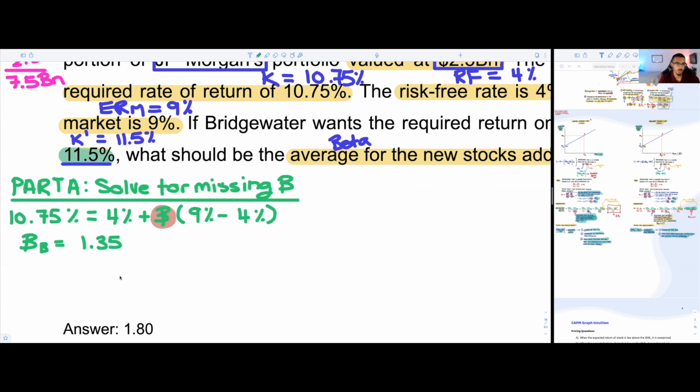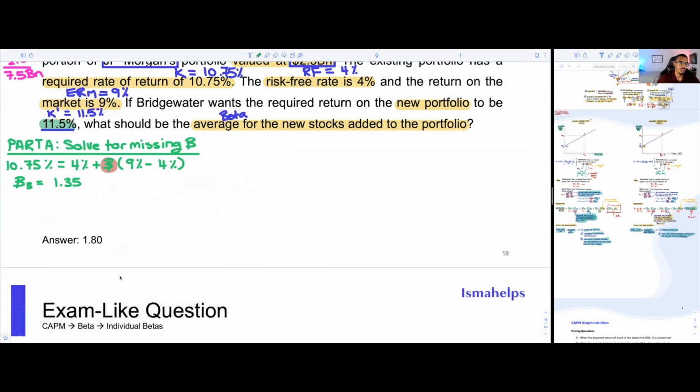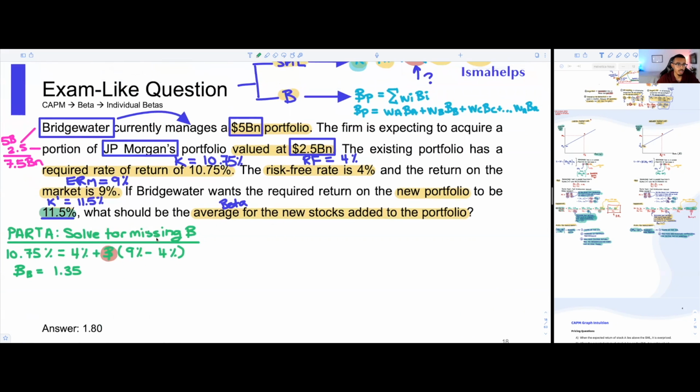So that's amazing news. And with that, we could actually plug all of that good stuff in within our second formula. Well, what do you mean second formula, you may think? Well, think about this. We now have a different required rate of return once we purchase a different portfolio, right? Once we have incorporated JPMorgan's portfolio within our fund, our risk factor may be different.